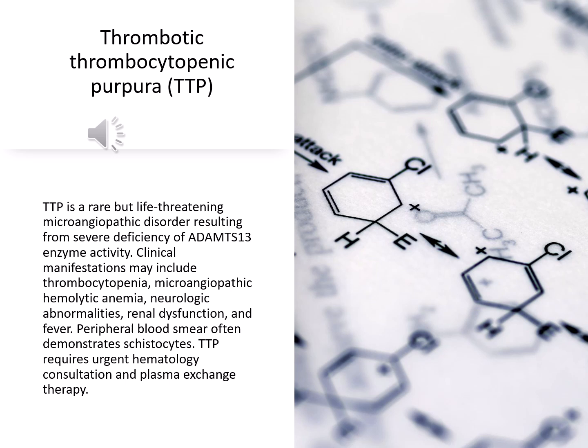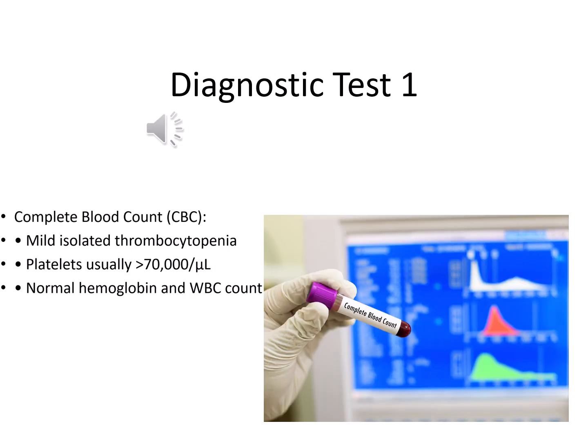Clinical manifestations may include thrombocytopenia, microangiopathic hemolytic anemia, neurologic abnormalities, renal dysfunction, and fever. Peripheral blood smear often demonstrates schistocytes. TTP requires urgent hematologic consultation and plasma exchange therapy.